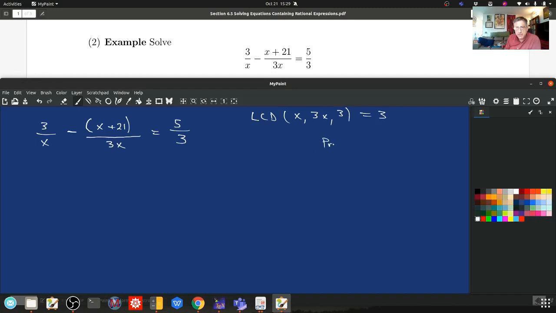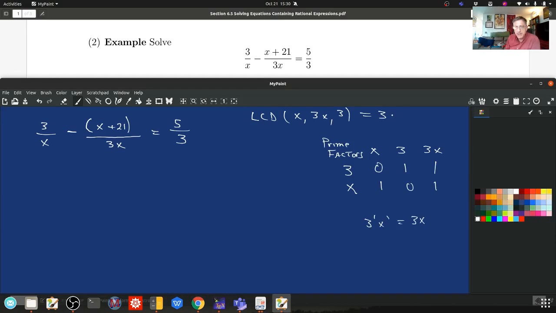Our prime factors are 3 and x, and remember our final LCD is the product of each factor the greatest number of times it appears. So it's going to be 3 to the first times x to the first, which is equal to 3x.